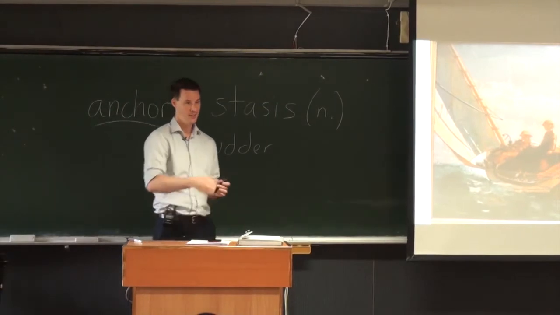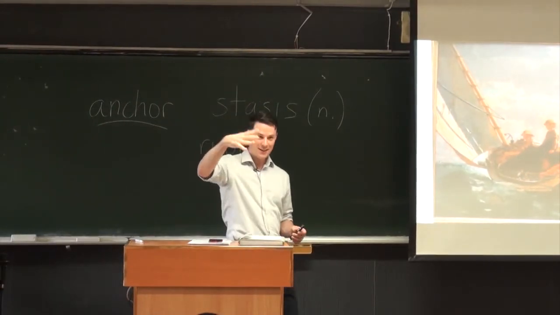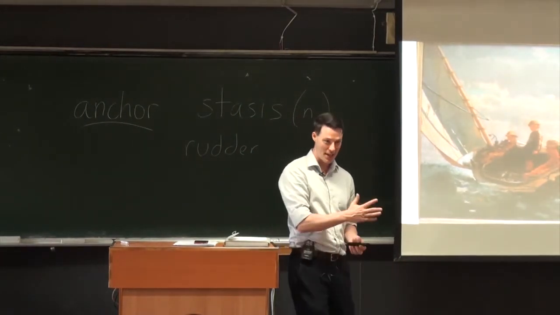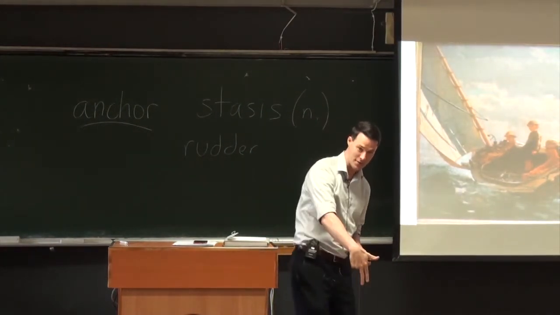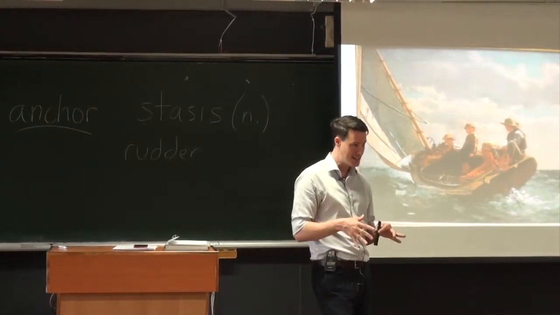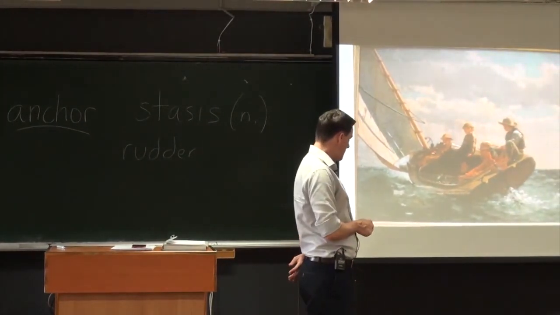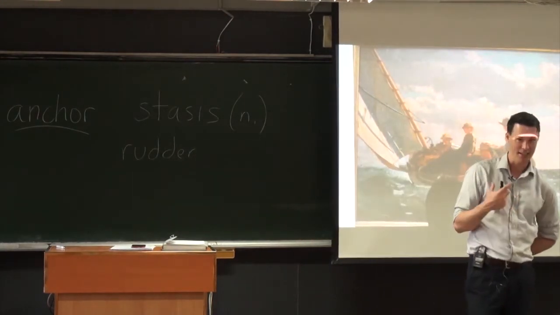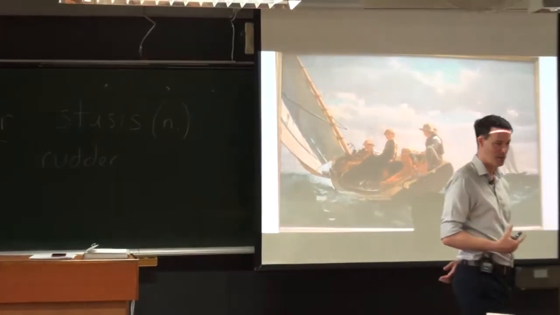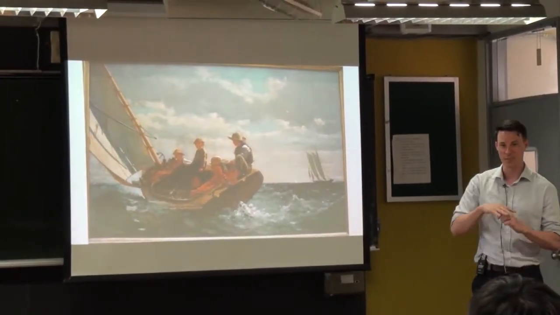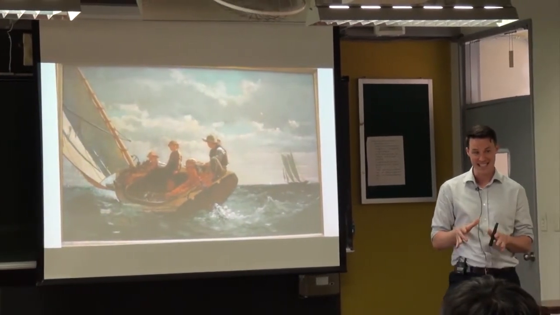Anchor. You drop it in the water and it keeps you in the same place, right? You can't move because you drop the anchor, it falls all the way down to the bottom, under the water, stays there. So the anchor is a symbol, okay? It represents or symbolizes or means safety, stability, stasis.